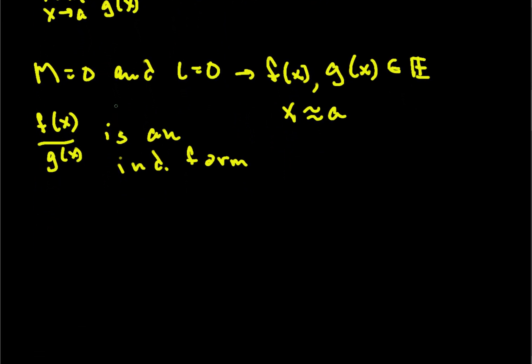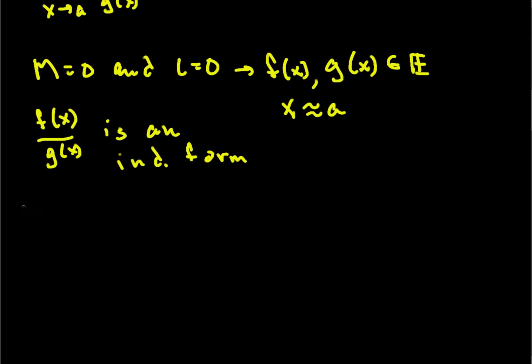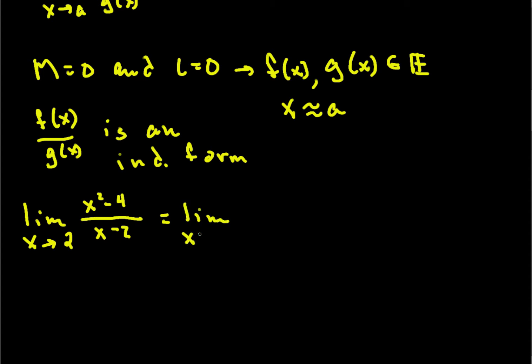For just a quick example, if I looked at the limit as x approaches 2 of, say, x squared minus 4 divided by x minus 2, then we could recognize, well, this is the same as the limit as x approaches 2, since the top factors as x minus 2 times x plus 2, and the bottom is x minus 2.